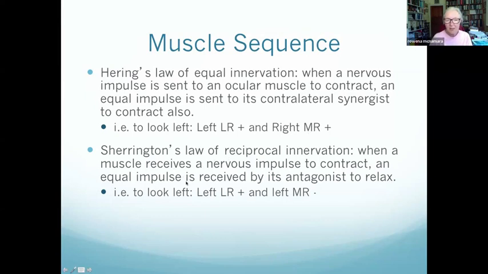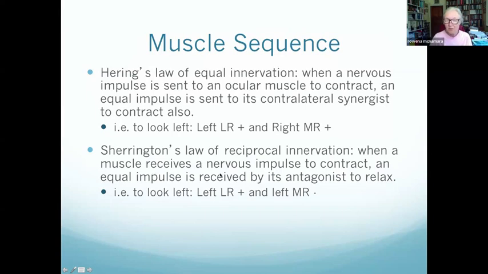And just as everywhere in the body, like your legs and your arms, when the muscle contracts to make the bone move in your arm, the opposite muscle has to relax. So Sherrington's law is the relaxing part, the reciprocal innervation.